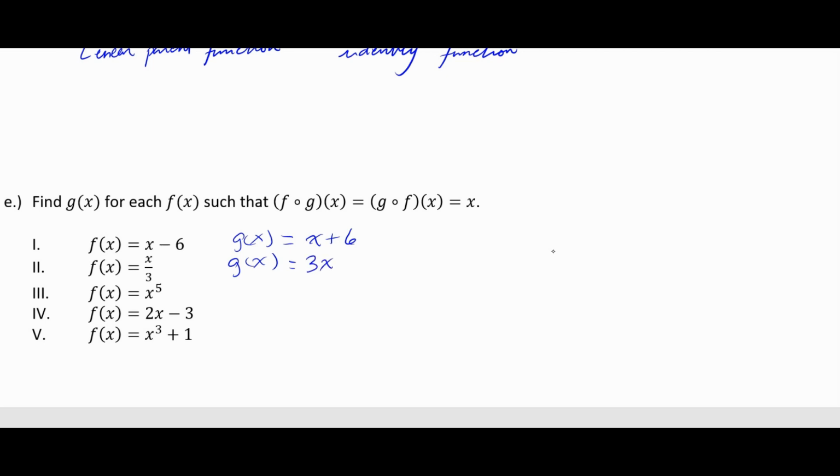Here, this one says x to the 5th, so we're going to want the 5th root of x. Here, I'm multiplying by 2 and subtracting 3, so I want to add 3 and then divide by 2. And then our last one, we want to subtract 1 and then take the cube root of that.